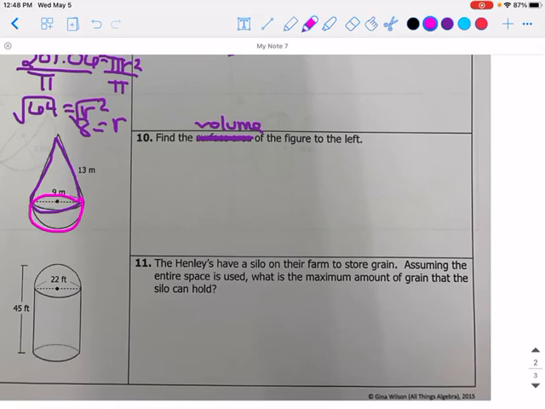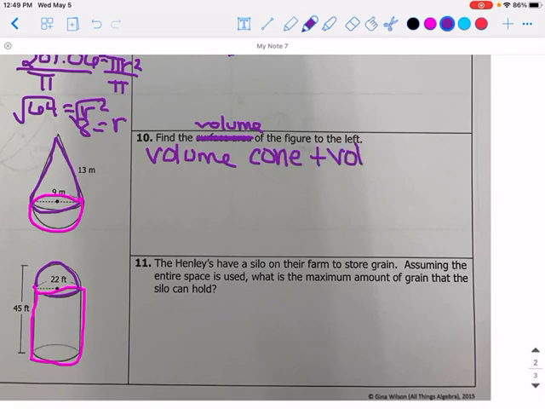So what's the maximum amount of grain? So if I want to fill every little spot of this, it's called a silo, how much could I fit? So you're finding, again, it's kind of the same process from above though. This time though it is a cylinder, so volume of the cylinder, volume of the hemisphere, and add them together. So I'm going to write that. So you're going to do volume of the cone plus volume of the hemisphere.